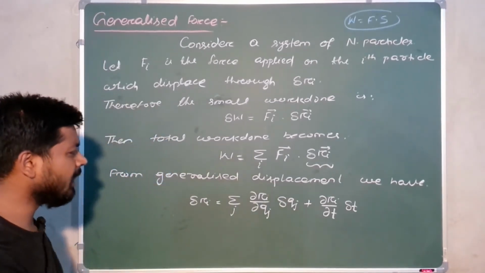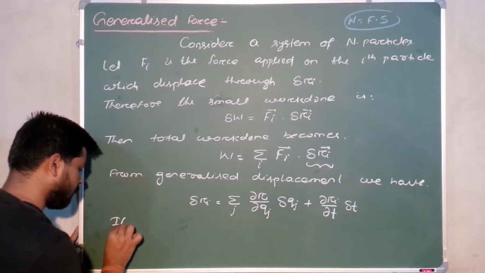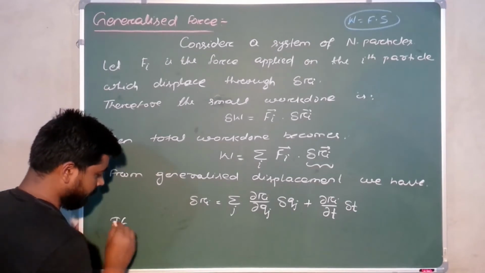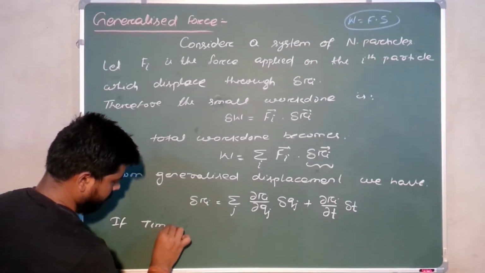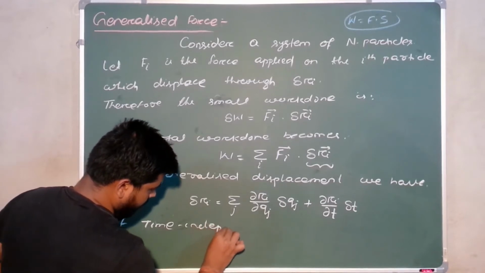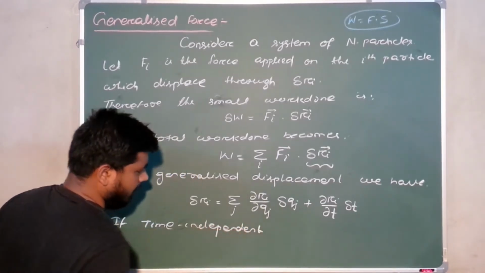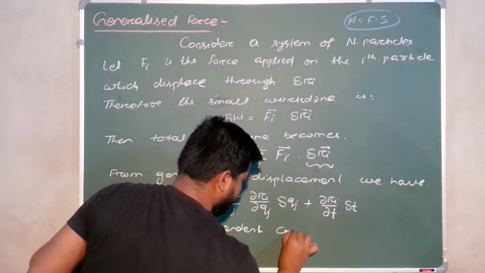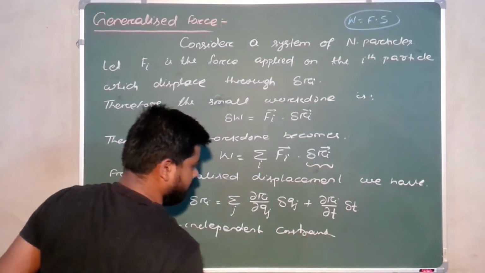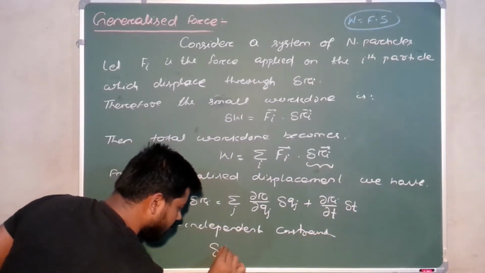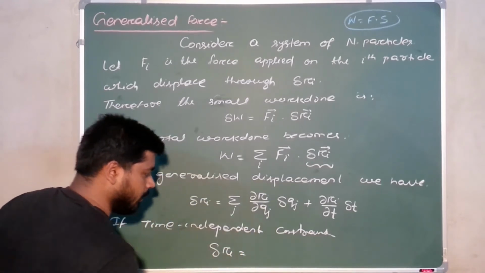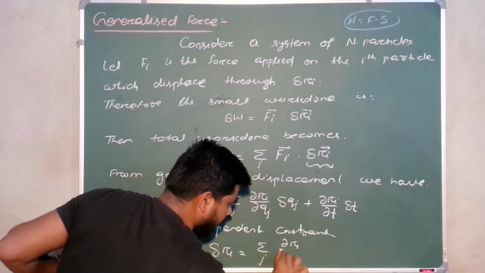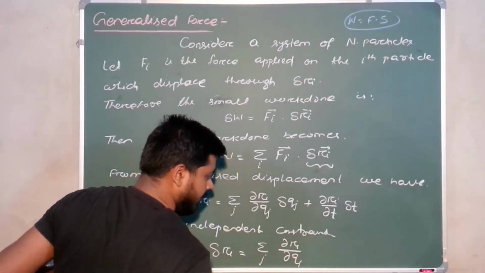Okay, let's see. If this is time independent, if time independent constraint, what did I get here? Delta Ri equals sum over j dou Ri by dou Qj into delta Qj.